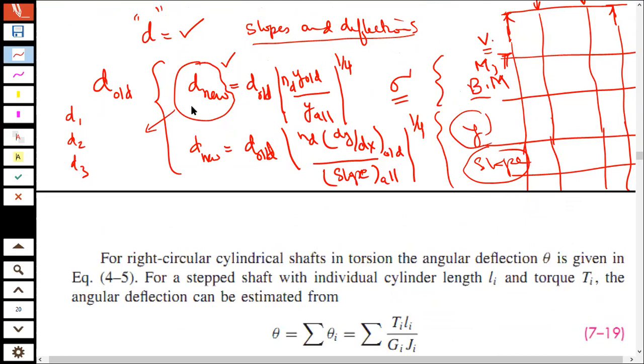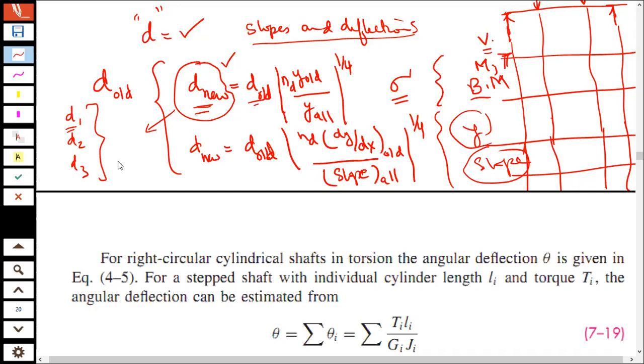Once you calculate this D new, for whichever section you calculated it, you are going to see what was the factor that you multiplied this old diameter with, and you found out the new diameter. You have to multiply all the sections with the same factor so that your diameter increases uniformly.